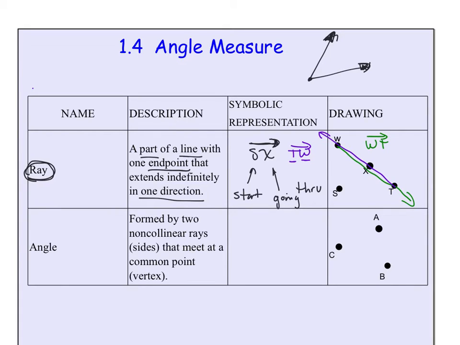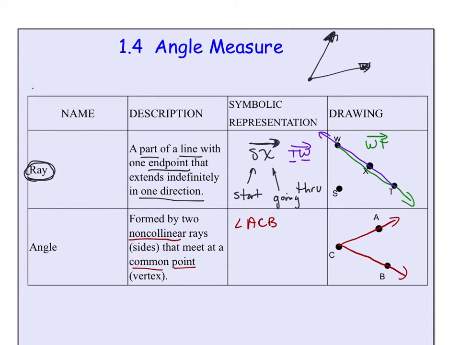So an angle then gets created by two non-collinear rays. Okay, so they're rays that are not on the same line, that meet at a common point. So if I have an angle, I will say that angle is ACB.